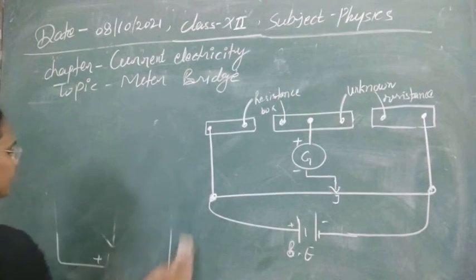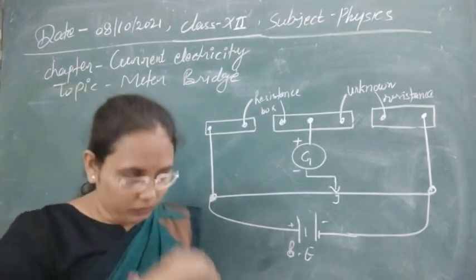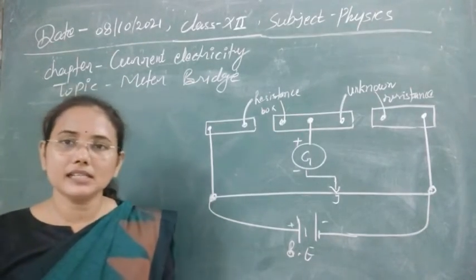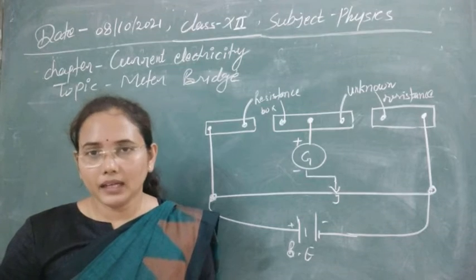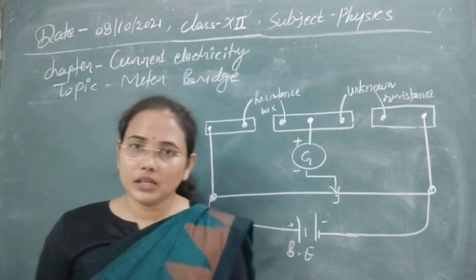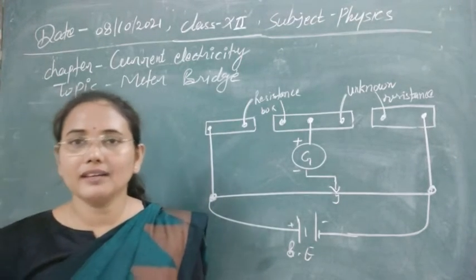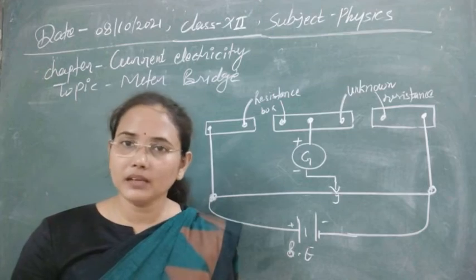Before applying that, what we are doing through the meter bridge is searching for a condition of null point or balanced bridge condition. As in the Wheatstone bridge, I have told you, in the balanced bridge condition the deflection in the galvanometer should be 0.